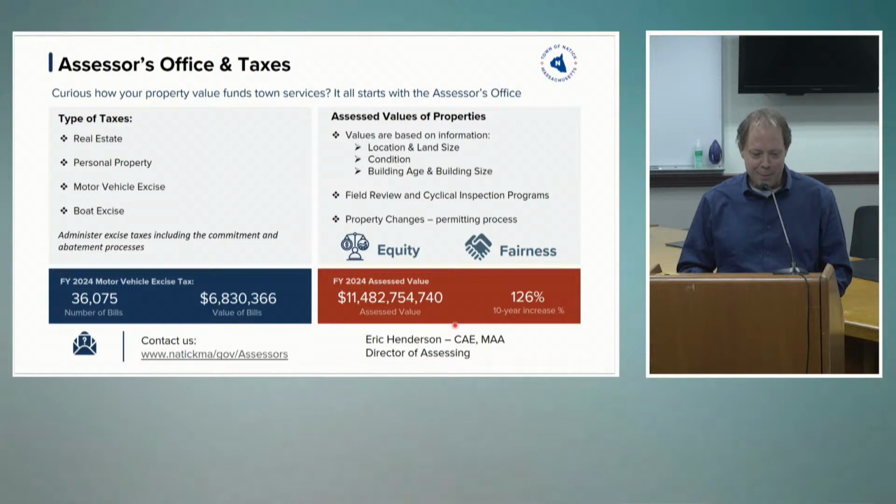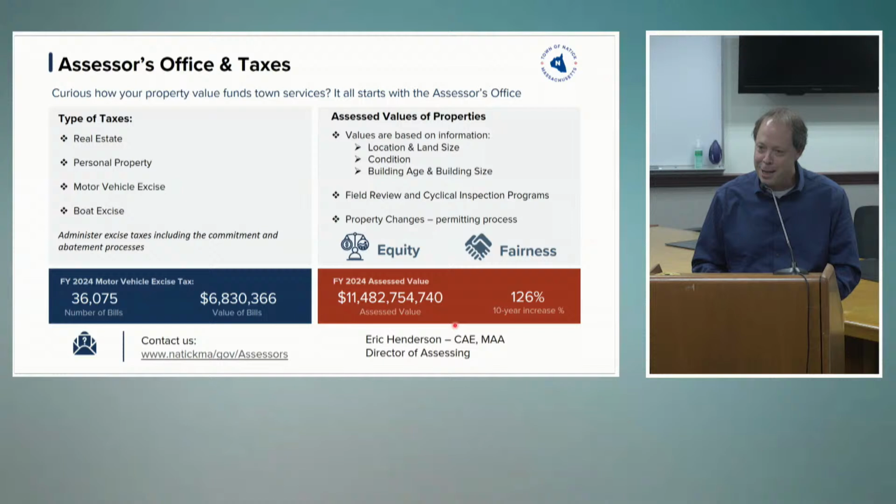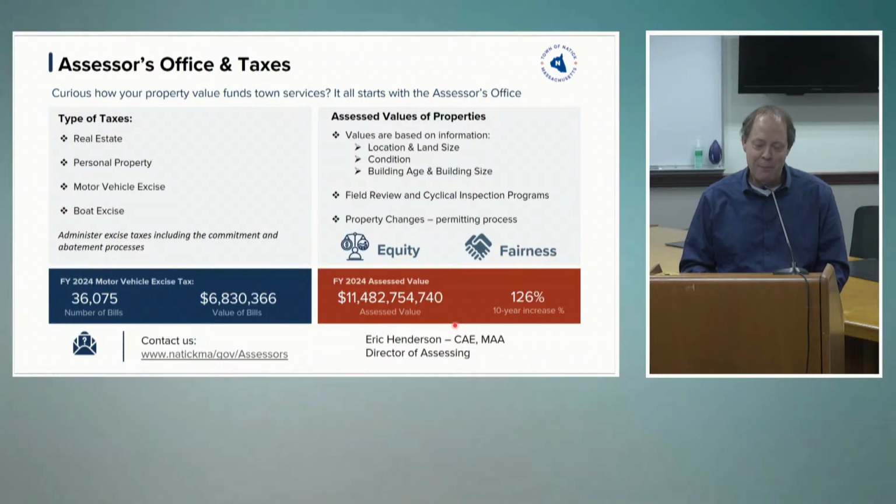The other funny thing I always say, and AI may be doing the valuation here in 5 to 10 years, there's no doubt in my mind about that. And we all have seen Zillow and Redfin, which are actually getting pretty good these days. Zillow and Redfin are relying on your local assessor's data. We do data dumps every year, every assessor's office in the state of Massachusetts, and it's that public record data that Redfin and Zillow and whatnot are modeling on.